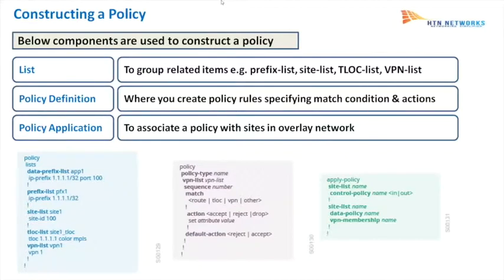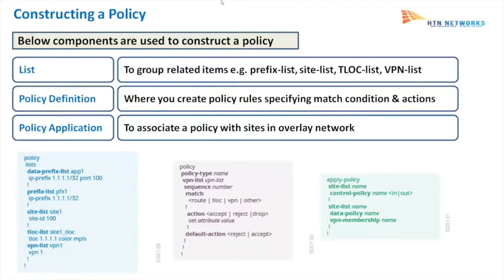The next box is showing the policy definition. In the policy definition, first of all you assign a name to that policy. Then let's say you're defining it for a VPN list, you say VPN list and then the name of the VPN list. And for every policy, whatever match conditions or rules you apply, you assign a sequence number.